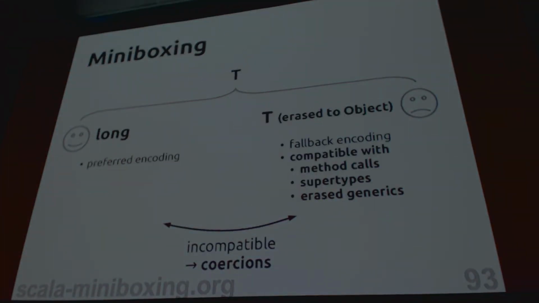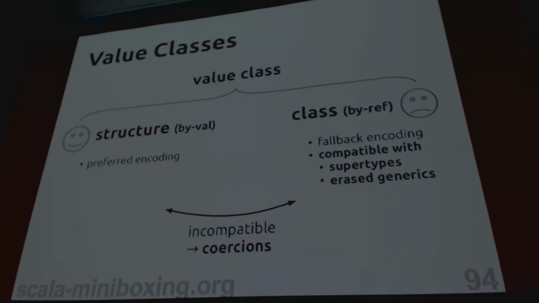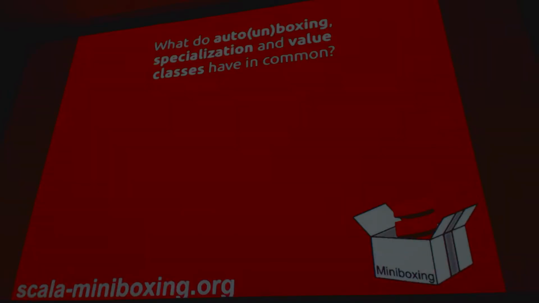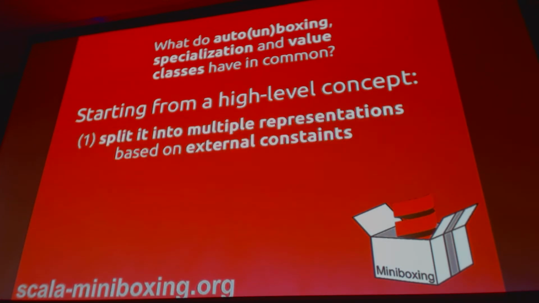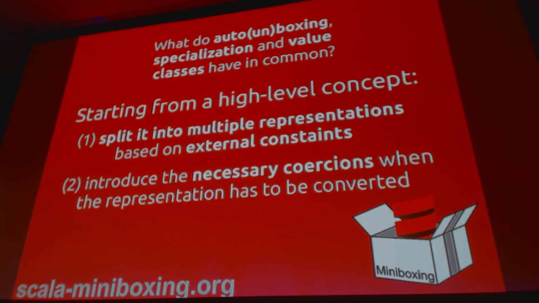Looking at autoboxing, miniboxing, specialization, and value classes, they look very much alike, right? Starting from a high-level concept, we first of all split it up into different representations. So this concept is presented to the programmer as one entity, but in the end, after the transformations, there are multiple versions, multiple representations for it.